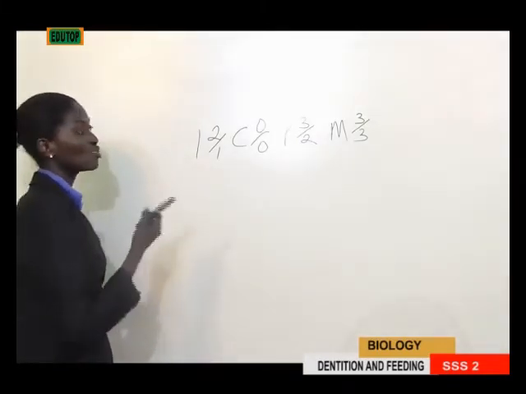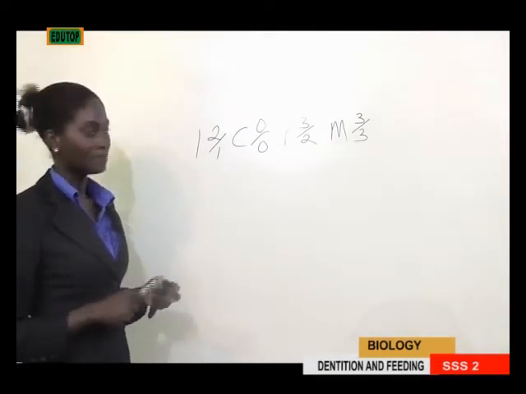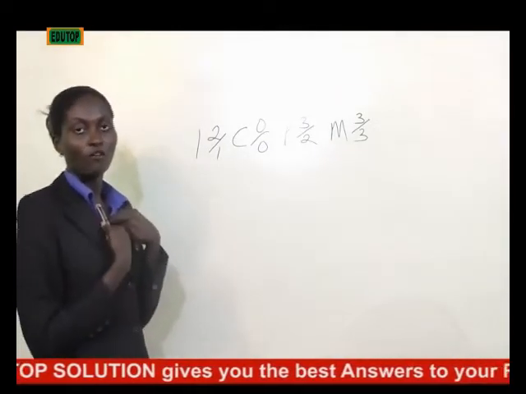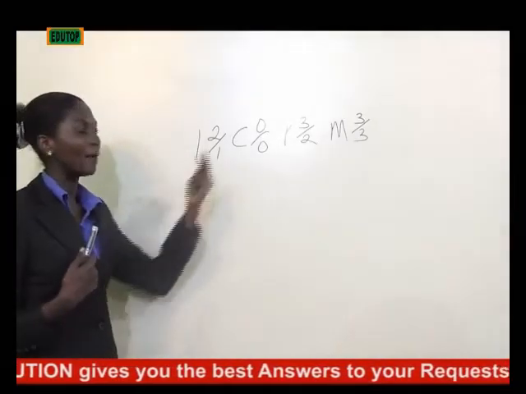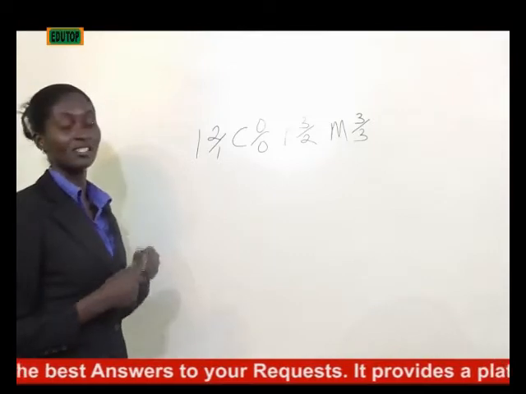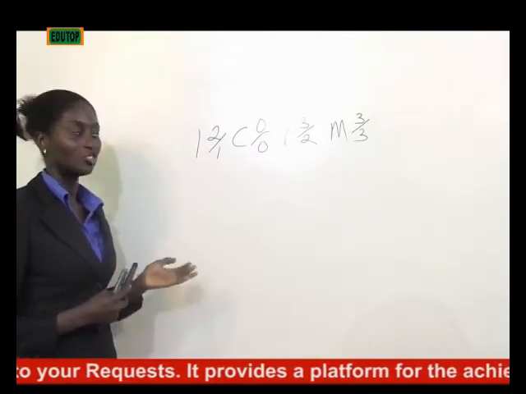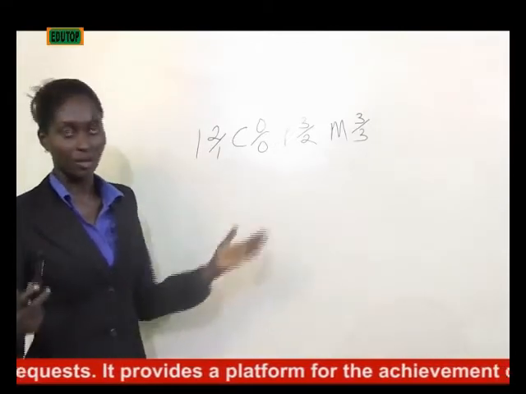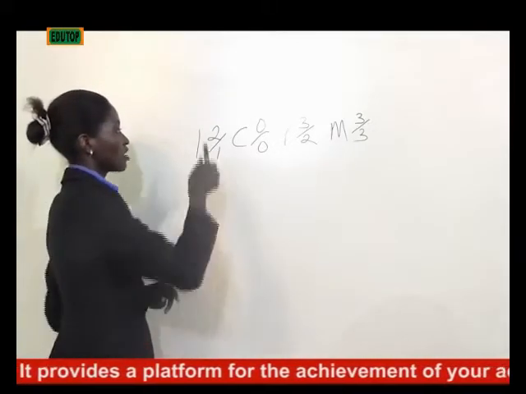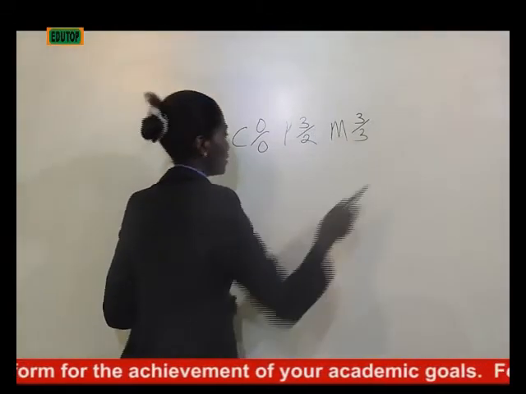If you say 2033 is the dental formula for rabbits, and you have it at the back of your mind that in incisor and premolar, the lower jaw is less than 1, so you just say, okay, since this is 2033, you know that the lower jaw will be 1023. So incisors 2, canine 0, premolar 3, molar 3.